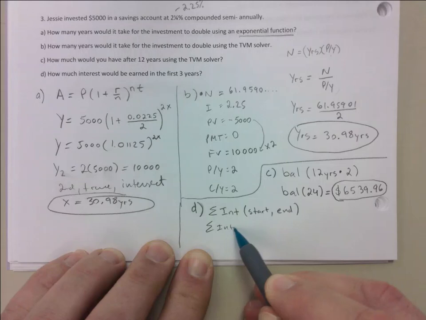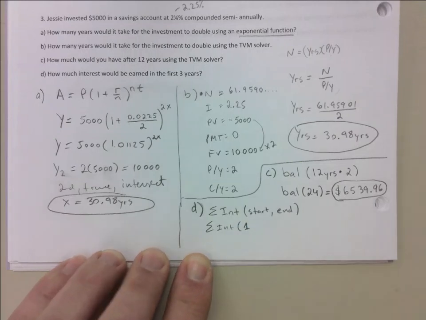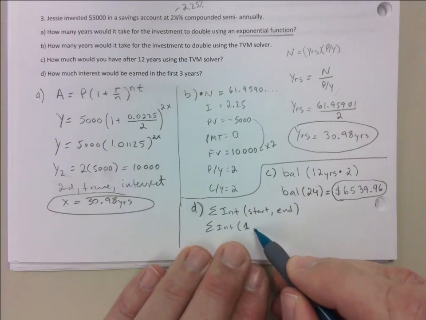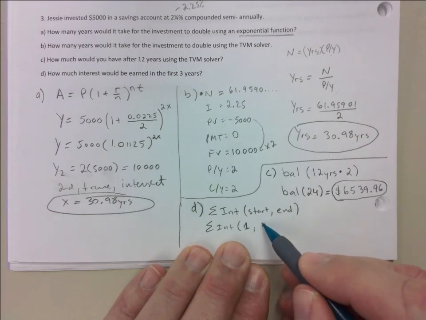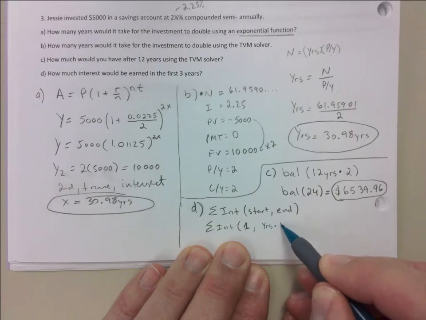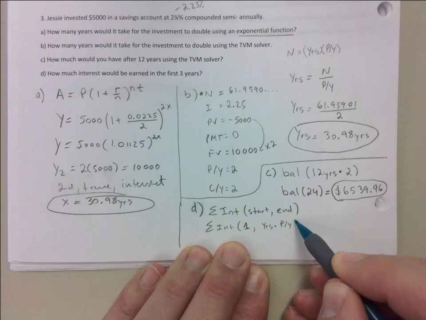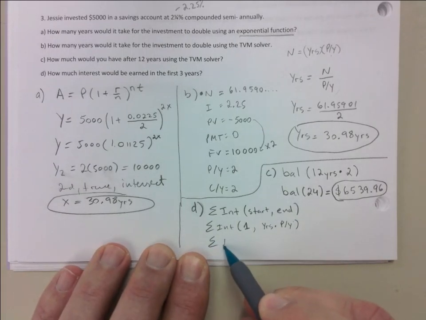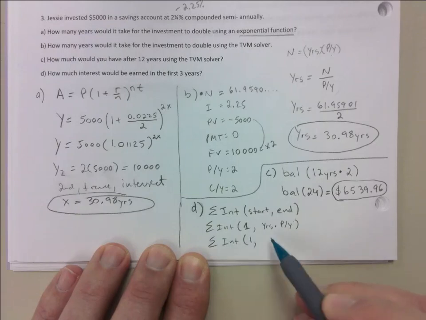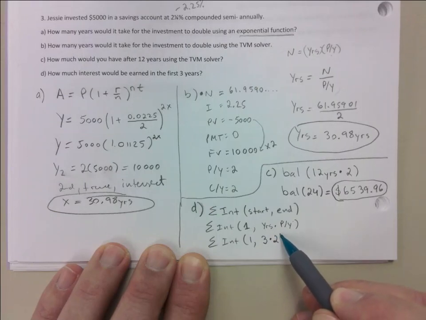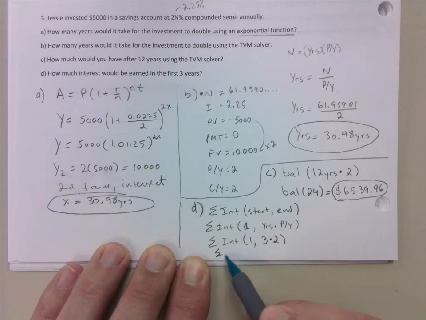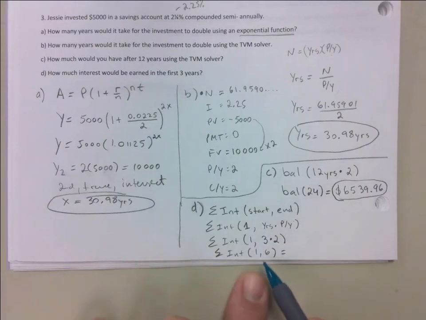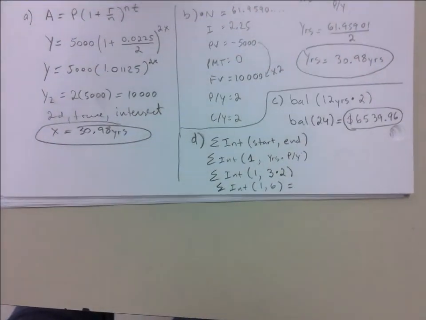So naturally, the start is going to be the very first compounding period, and we got to go years times PY as well. So this is from the very first one to, we're talking 3 years, and PY is 2, right? 1 to 6. So from the first compounding period to the 6th compounding period.